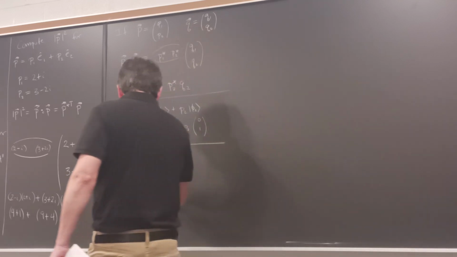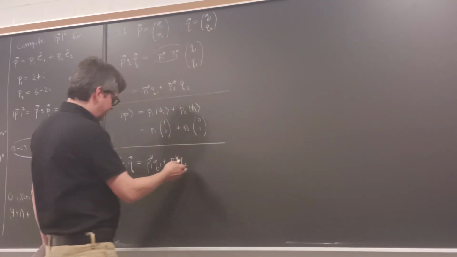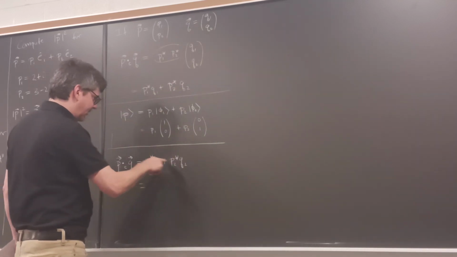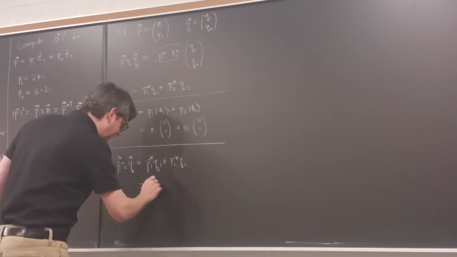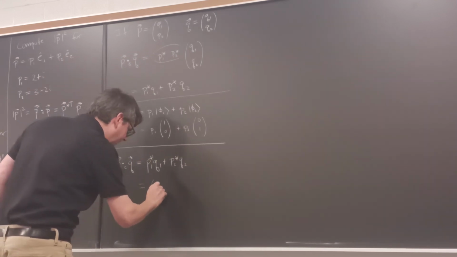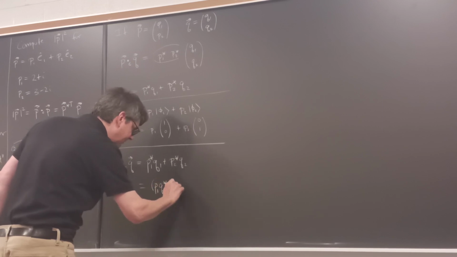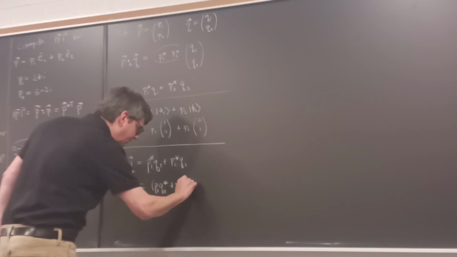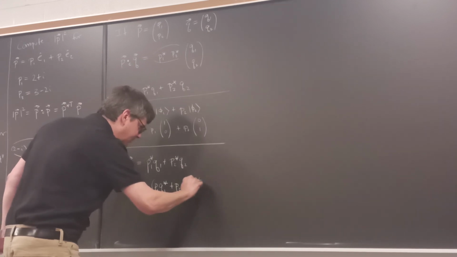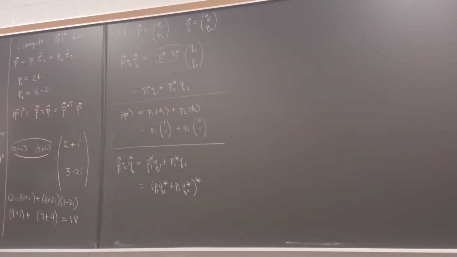Right, I can write this, imagine just pulling out the star, or I can conjugate the whole thing. I can write this as P1 Q1 star plus P2 Q2 star, and then conjugate the whole thing. I can write it that way if I want.